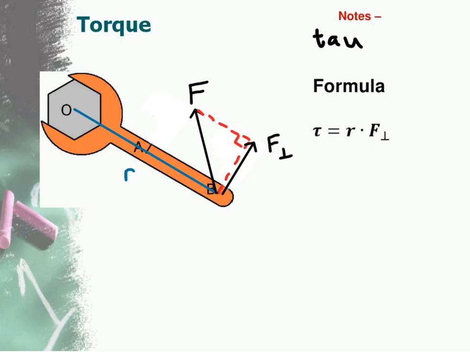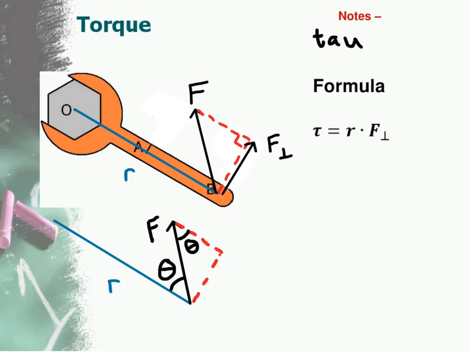Now, in a lot of textbooks, actually, you'll see a slightly different formula, and it might be helpful to you. So let's set up the same scenario. Sometimes they'll give you this angle here, this angle theta. So that's the angle between R and F. So if those two together form an angle theta, then when I set up the same triangle I had up here, I'm going to get a triangle that looks like this, and I know that this angle has to equal that angle.